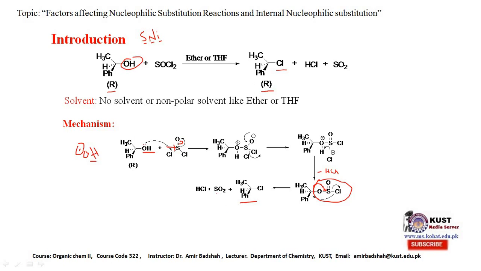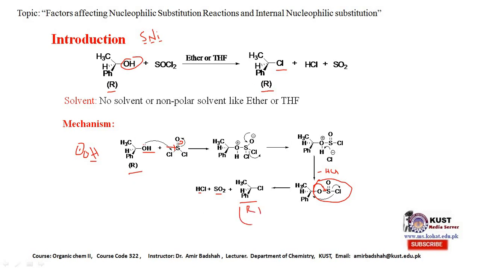Along with this, the byproduct sulfur dioxide is formed, and HCl, which formed in the previous step. So we started with R and still have a product with R configuration.